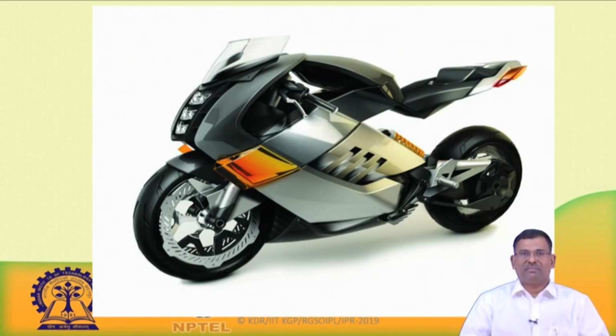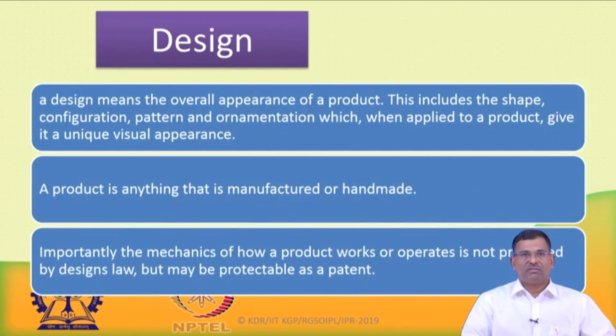So this can be registered as a design. Industries like the bike industry or car industry survive entirely on the protection of designs. If the designs are directly copied by competitors, they are going to have a lot of economic loss. So these designs can be registered.